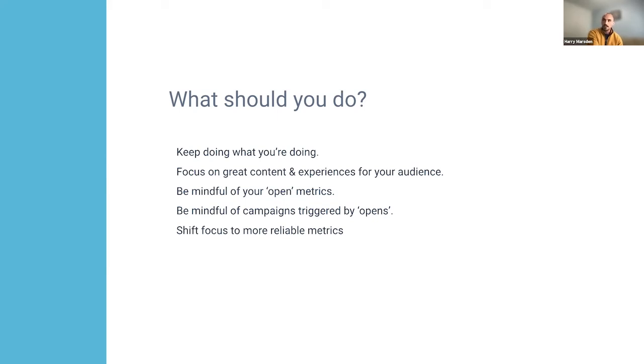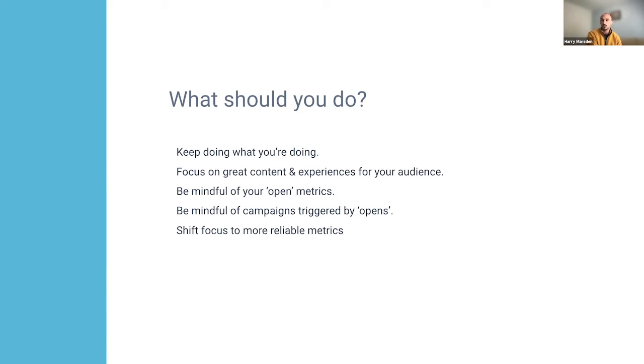And then finally, pretty much across all email marketing across the world, there's going to be a shift to more reliable metrics. So less of a focus on open rates, where open rates are good for being able to see if your subject line is good. And it's good to see who's opened your emails at some level, but really you want to be knowing who's engaging with you, who's engaging with your content.